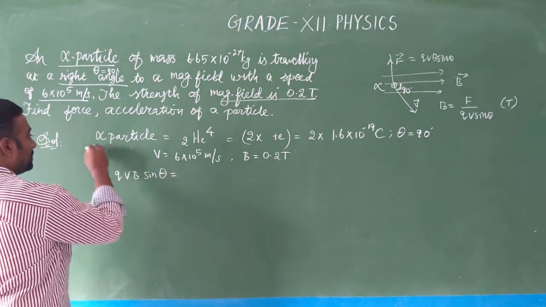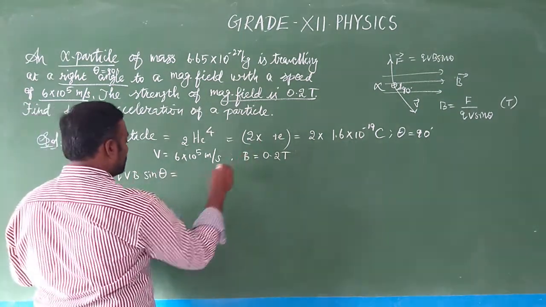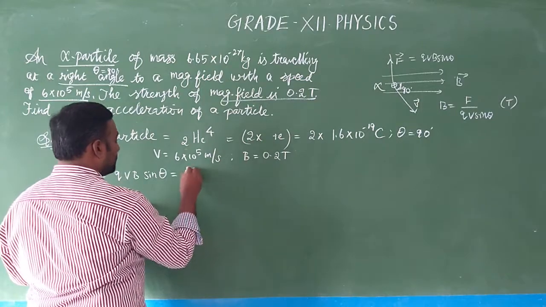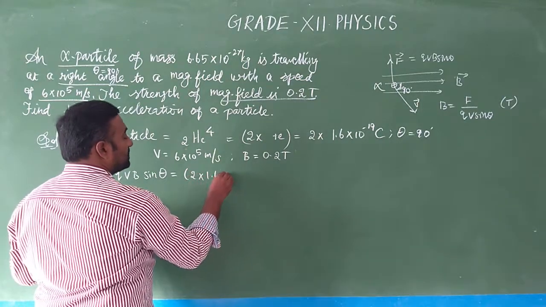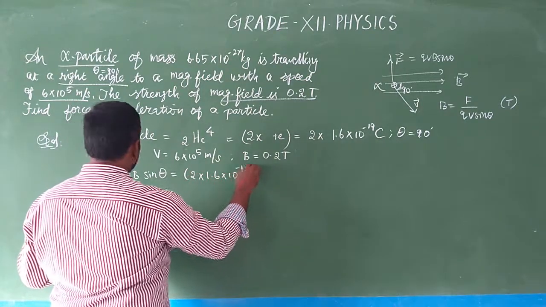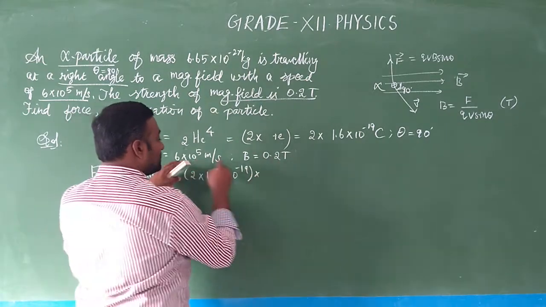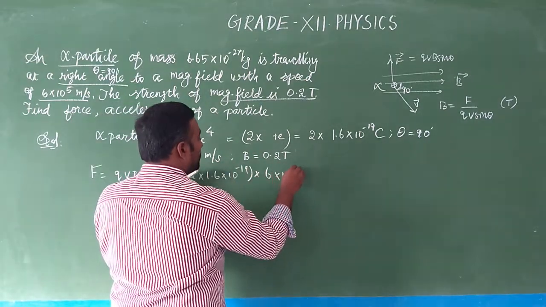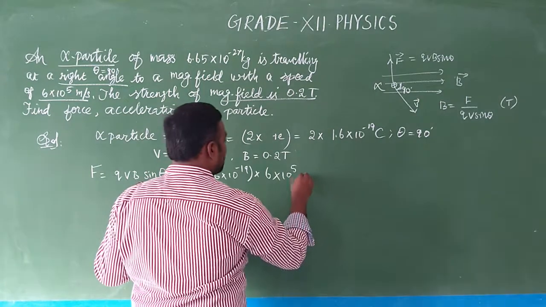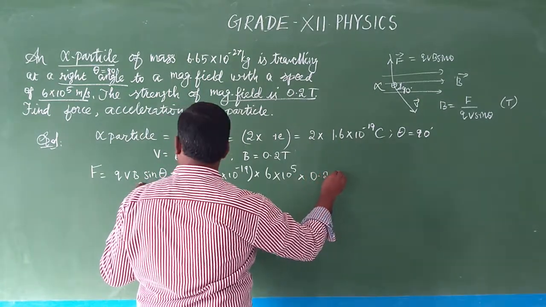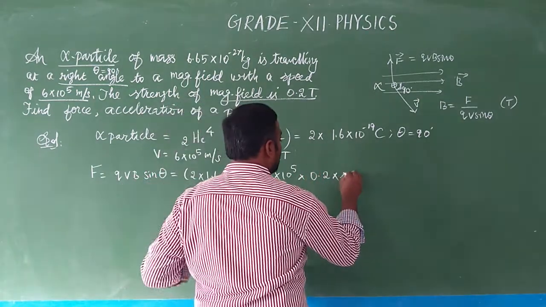The charge of the alpha particle is 2 into 1.6 into 10 to the power minus 19, the velocity is 6 into 10 to the power 5 meter per second, the magnetic field is 0.2, into sin 90 degrees.